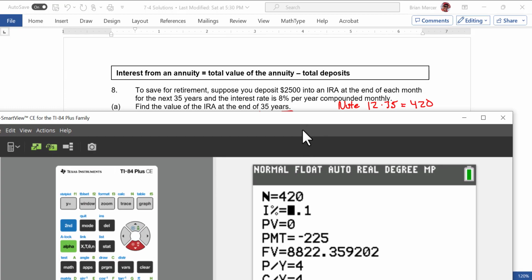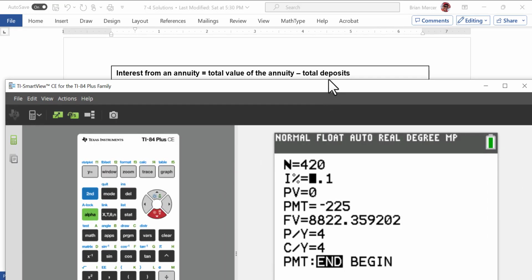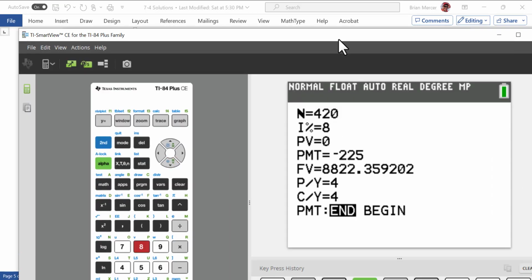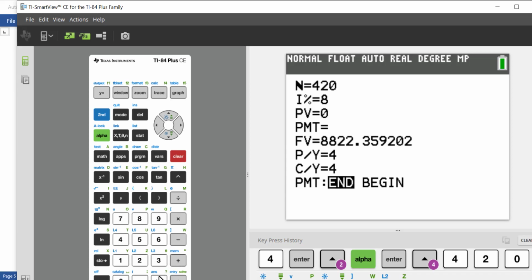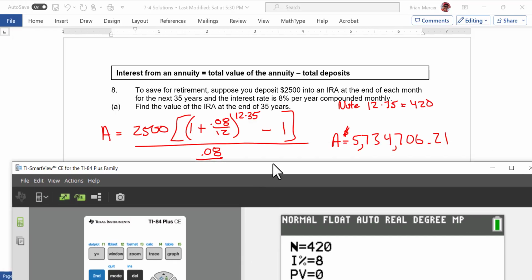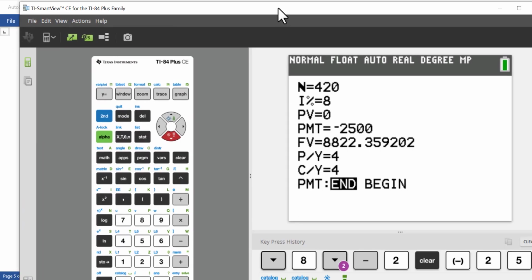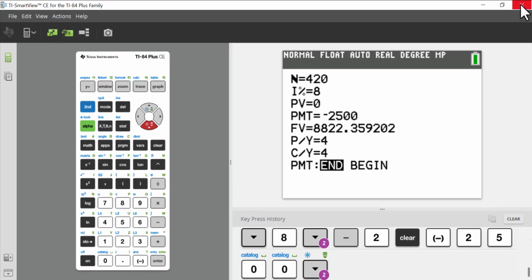The interest is 8%, so 8. Present value is 0. Payment we put negative, I hit the subtract button, negative 2,500. And then it said it was compounded monthly, so that means payments per year is 12.